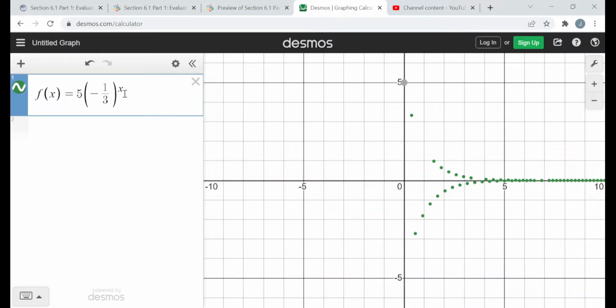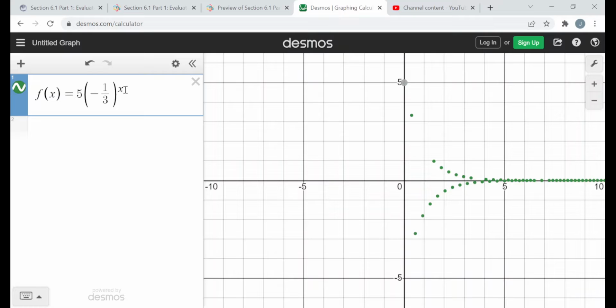It's not going to be defined, have a real number output if the power is any fraction with an even denominator. Right? Because if I replaced x with a half, that'd be the square root of negative 1/3. That's imaginary. You're not going to see that on this graph. These are real number lines. All right, so that's why we are not going to consider a function like this an exponential function.